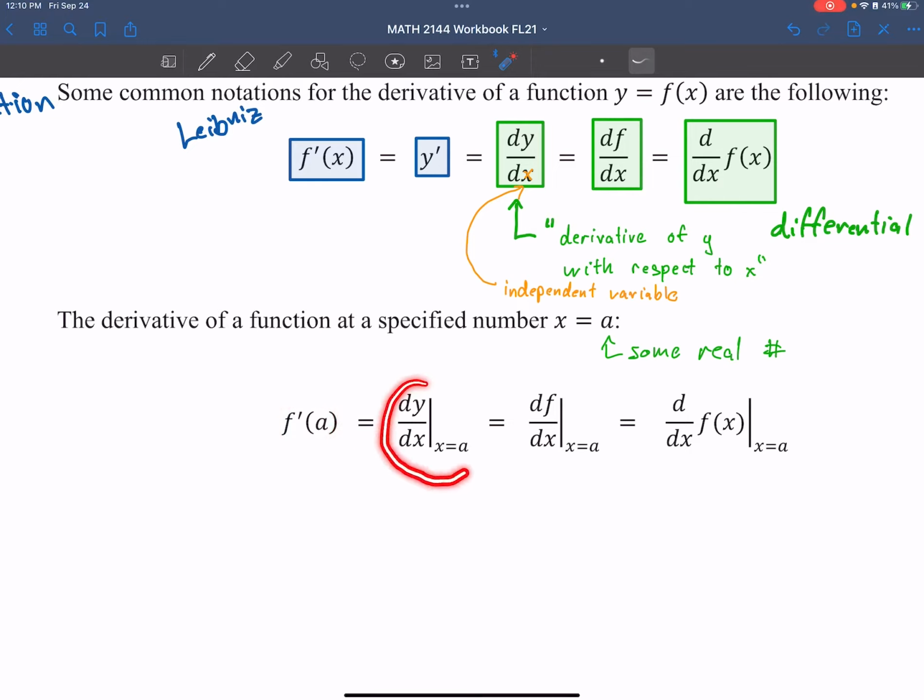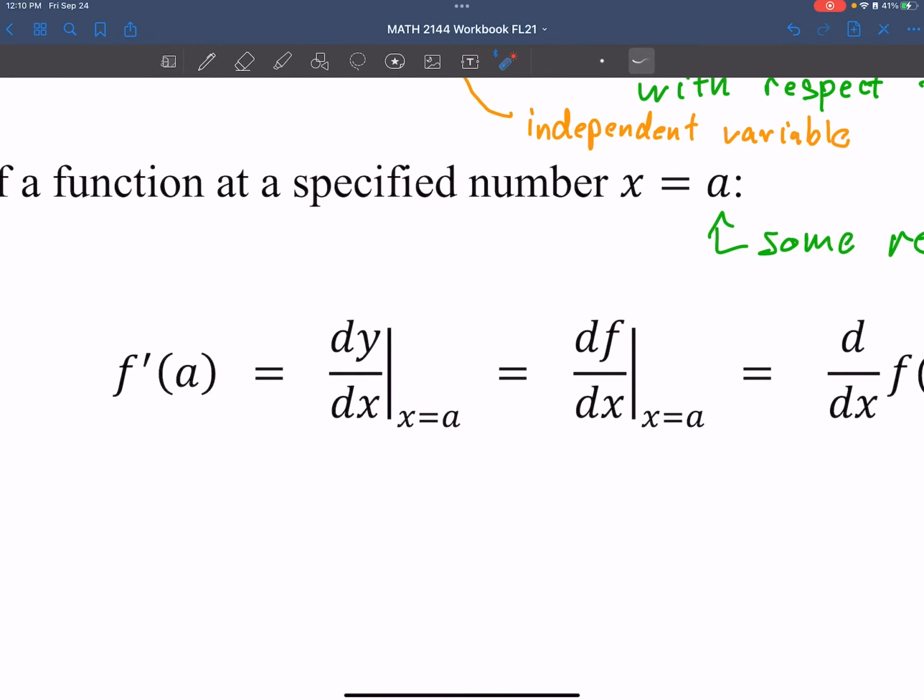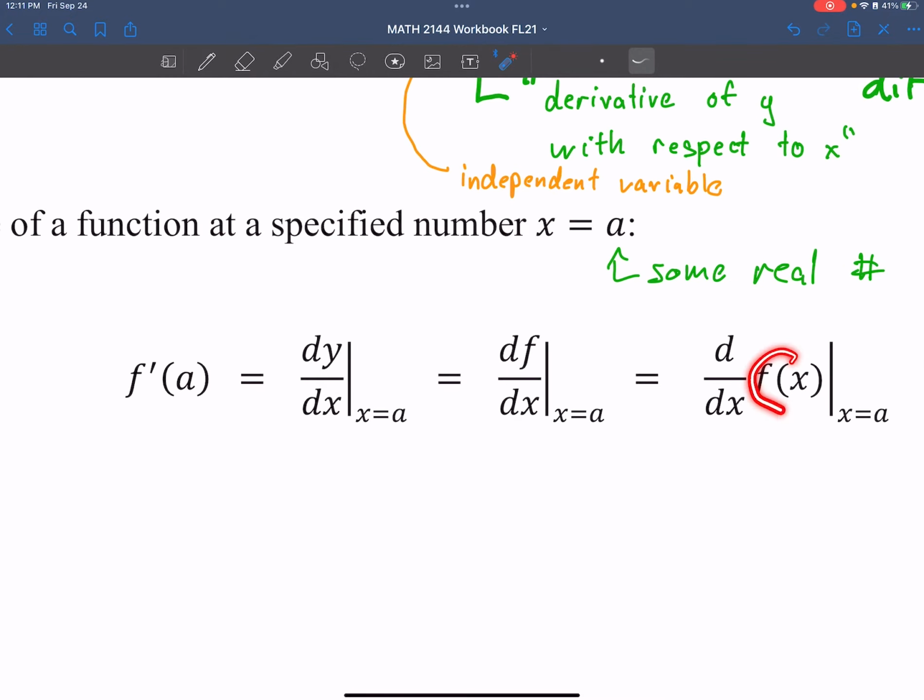This is the scenario where you'll consider the differential notation. This vertical bar just says that the derivative is going to be a function, and you'll plug into that derivative the number a. Again, y and f are the same thing, and this is more indicating the variable.